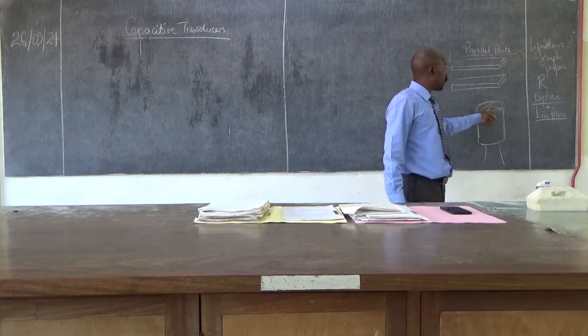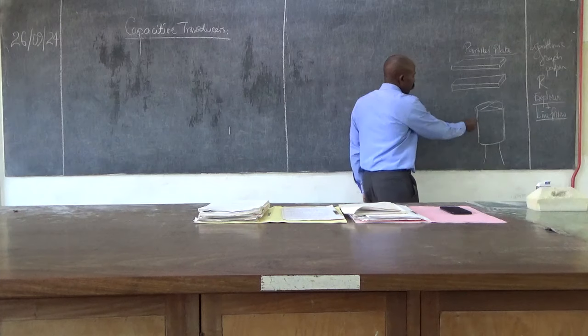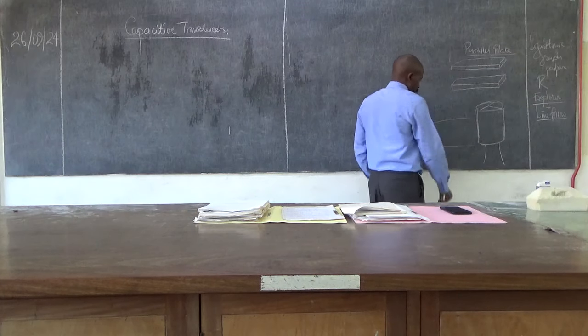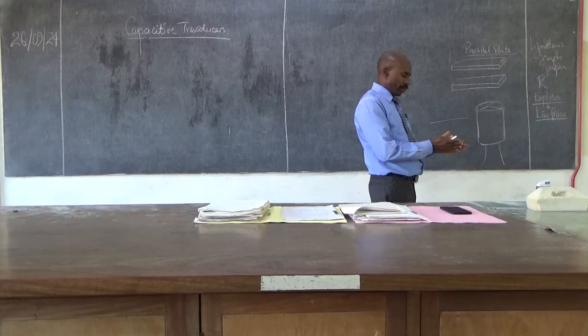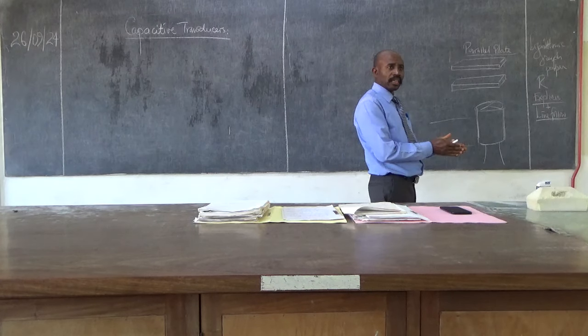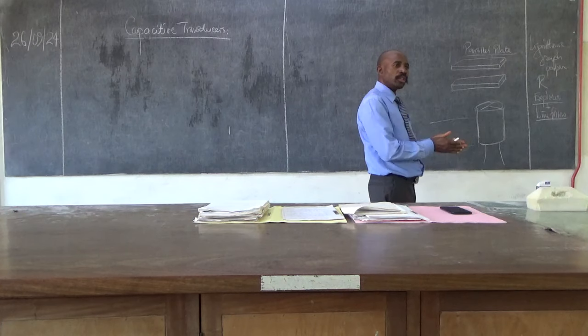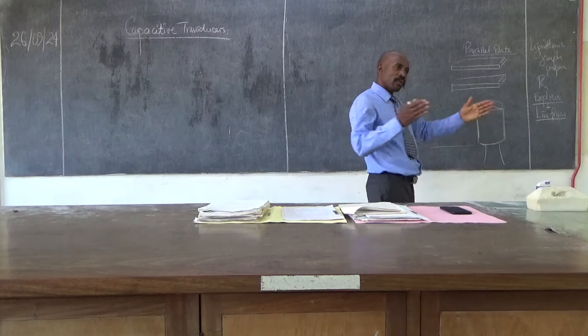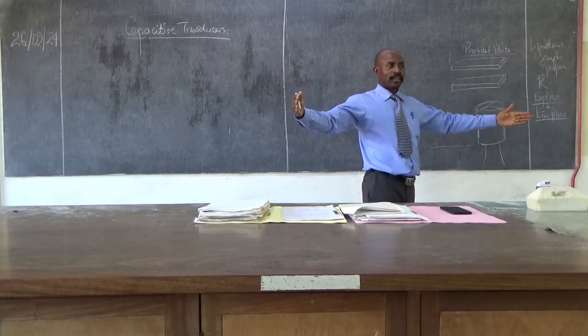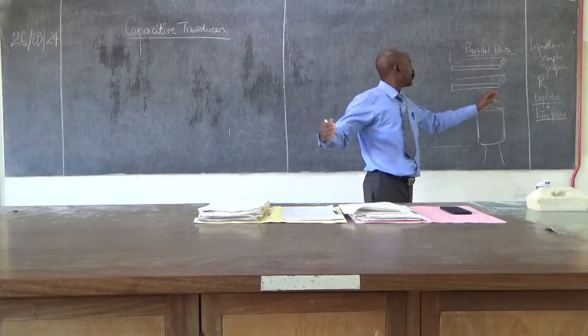When you break this one up, there are two sheets of aluminum, separated by some piece of polyethylene paper, to make sure that they do not touch each other. Then they roll them so that you have a longer part here.